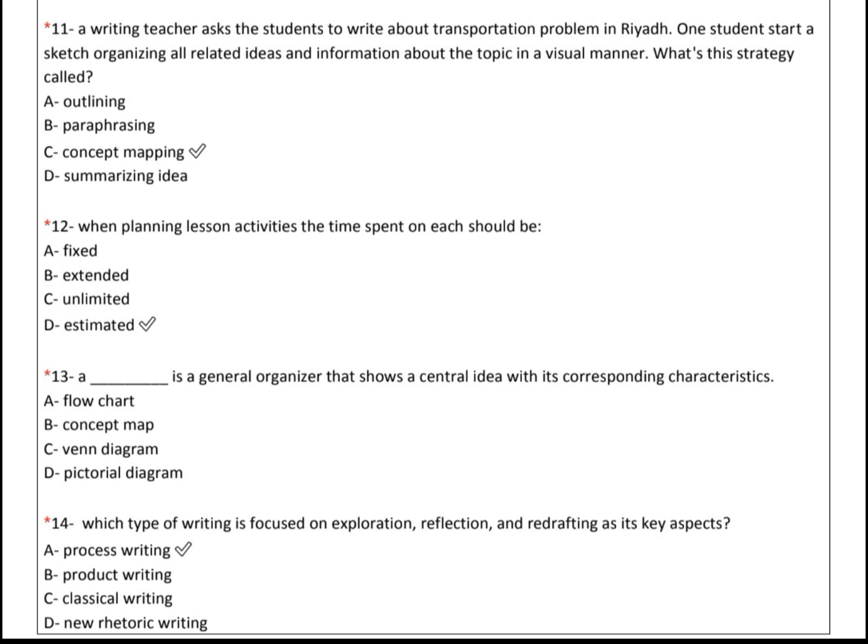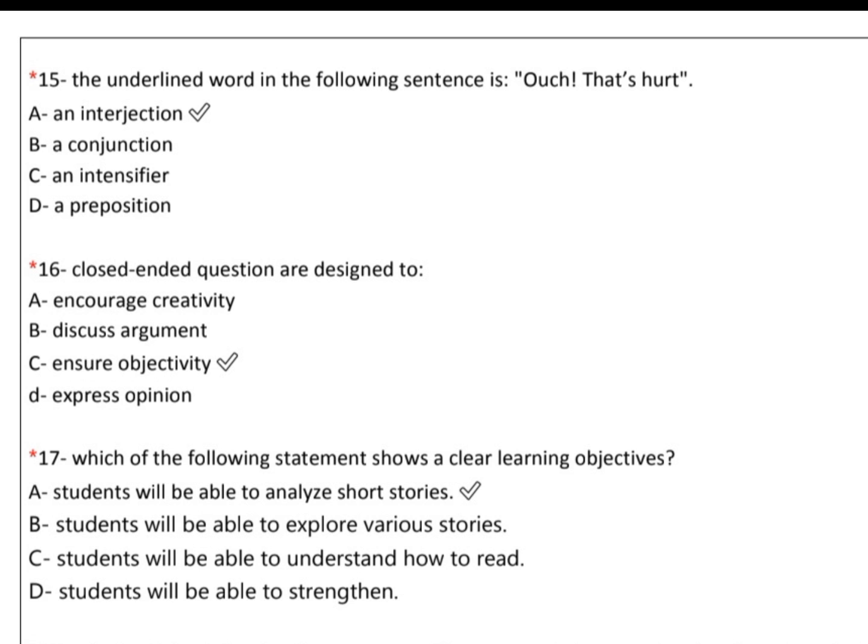14. Which type of writing is focused on exploration, reflection, and redrafting as its key aspects? A. Process writing. B. Product writing. C. Classical writing. D. New rhetoric writing. 15.